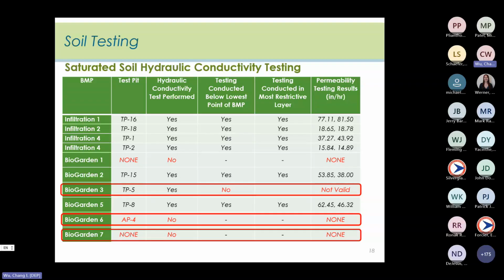The lowest value, 14.89 inches per hour, should be used as the tested result. Which means that 7.48 inches per hour should be used as the design saturated soil hydraulic conductivity in the calculation.